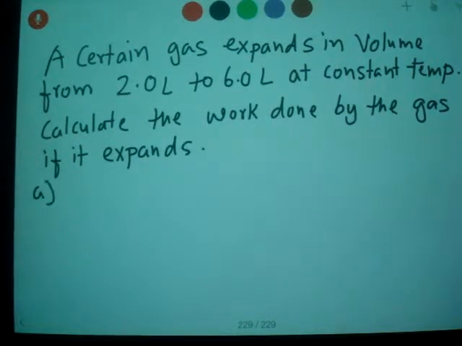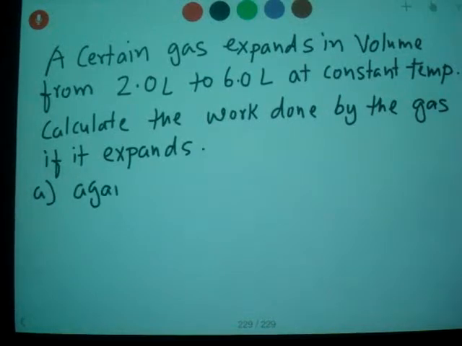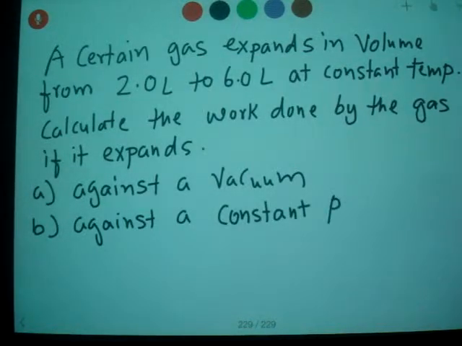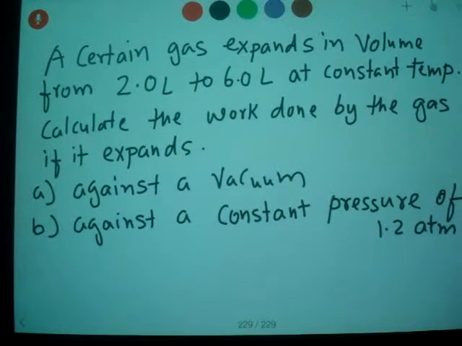The first one is against a vacuum, and the second one is against a constant pressure of 1.2 atmosphere. Okay.